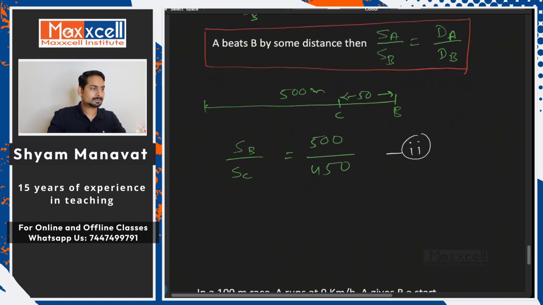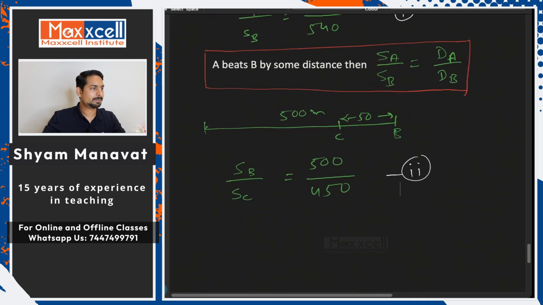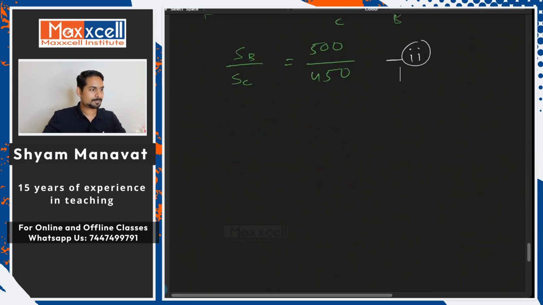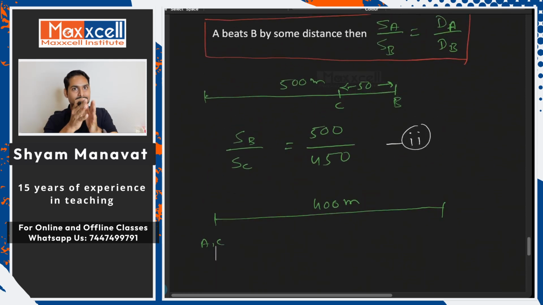Now the question is, in a race of 400 meters, if A and C race, then A is definitely faster, right? A is faster than B, B is faster than C. That means A is faster than C, obviously. So A is going to beat C by what distance?